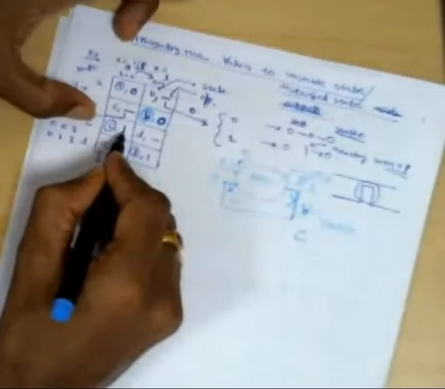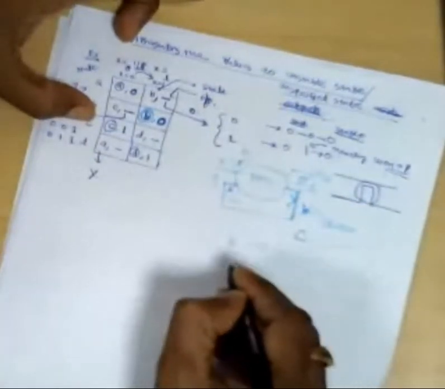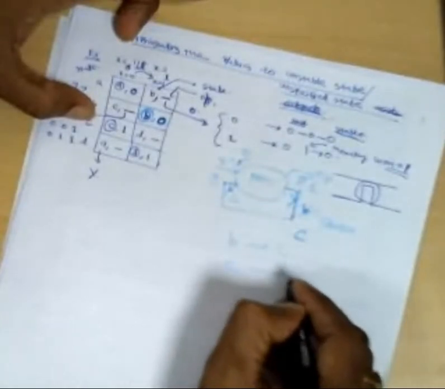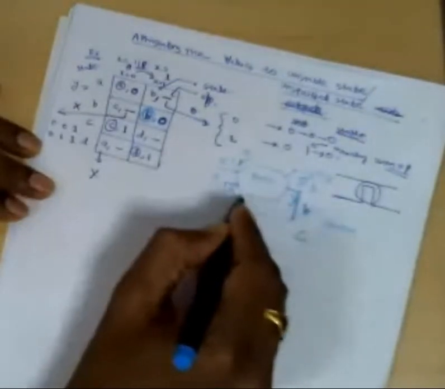So when it goes from B to C, the output is going from 0 to 1. But during that transition time, when B is in the loop, the input is changed.